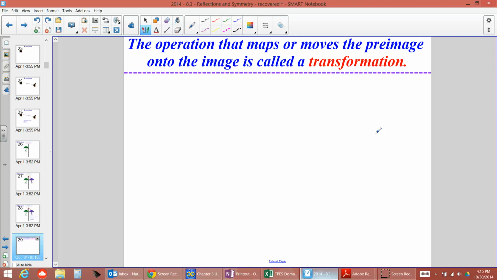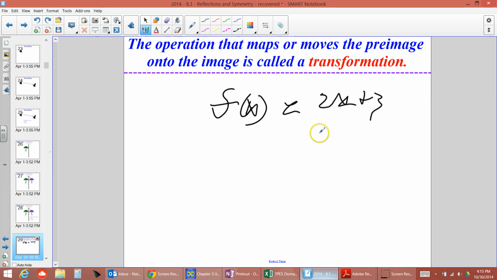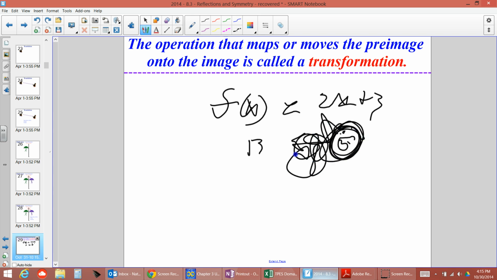Now, in algebra, we talked about this concept of f of x. If f of x equaled 2x plus 3, then if I put in a 5, I'd get out a 13. It takes a function, takes some value, mangles it, mashes it, mixes it around, and spits out a new number, a 13. Okay?